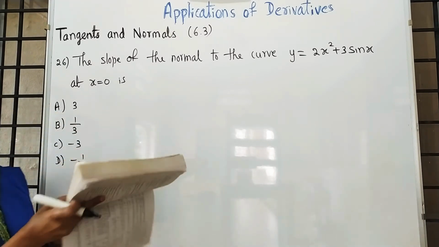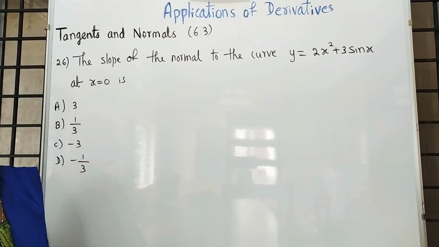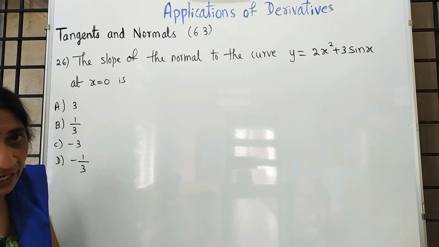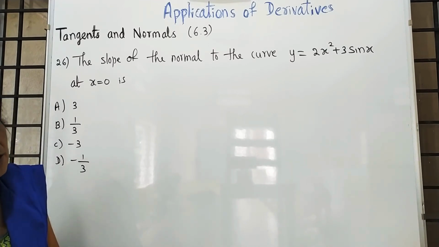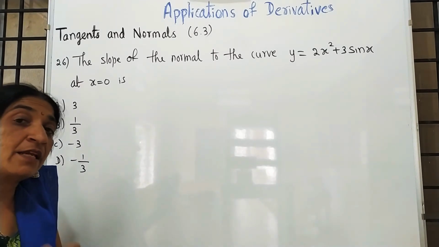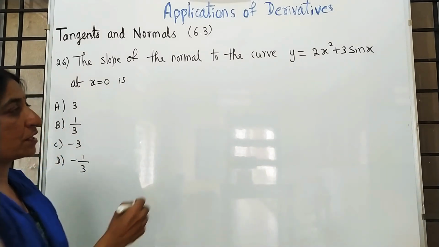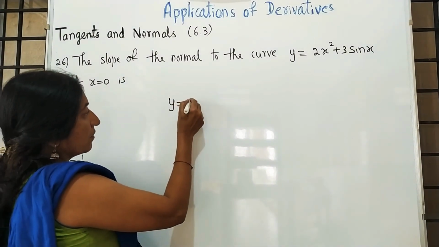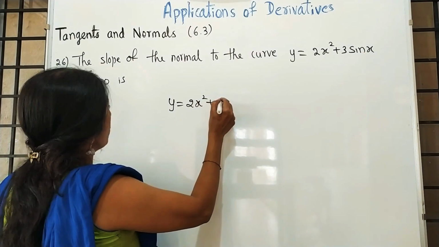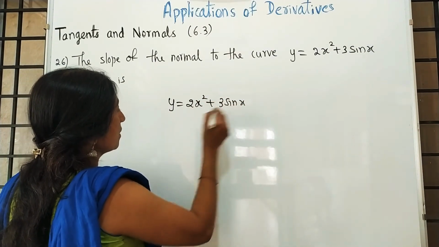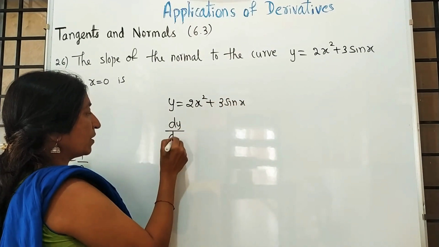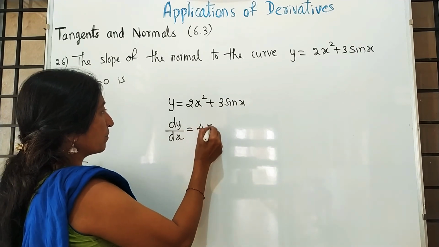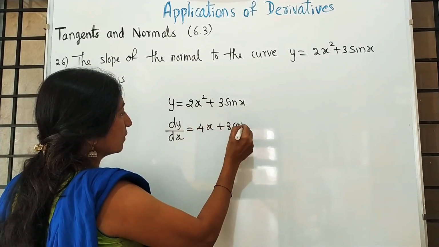Very simple. Whatever slope you get after differentiation, that is called the slope of a tangent. Take the reciprocal of that with opposite sign. Y is equal to 2x square plus 3 sin x. Dy upon dx is 4x plus 3 cos x.